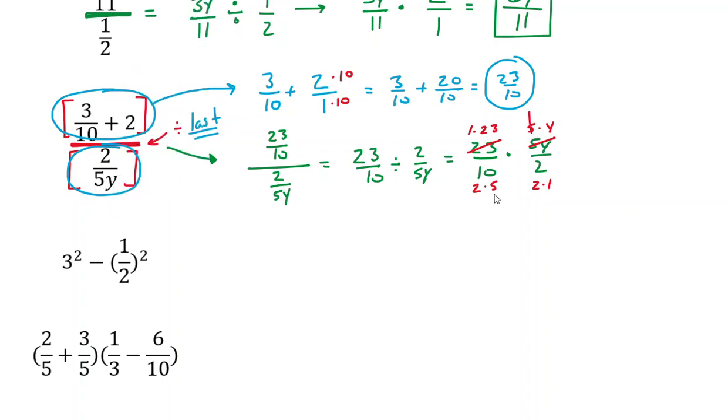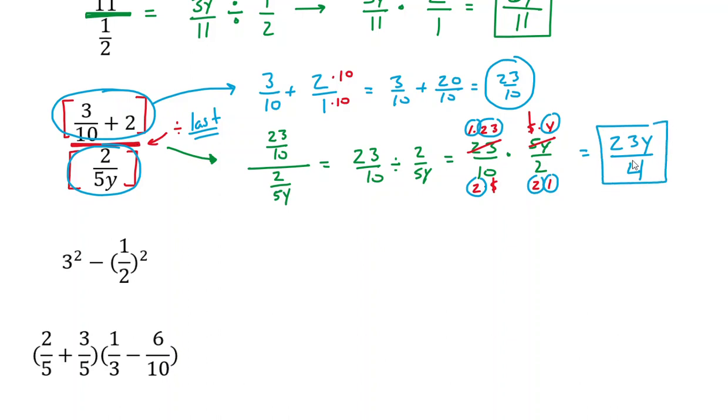Got a 5 there, a 5 there. There's two 2's in the denominators, but there's no 2's in the numerator, so we can't cancel anything there. So we're left with just 1 times 23 times y, and 2 times 2 times 1. And so we multiply all that out, and we get 23y over 4.